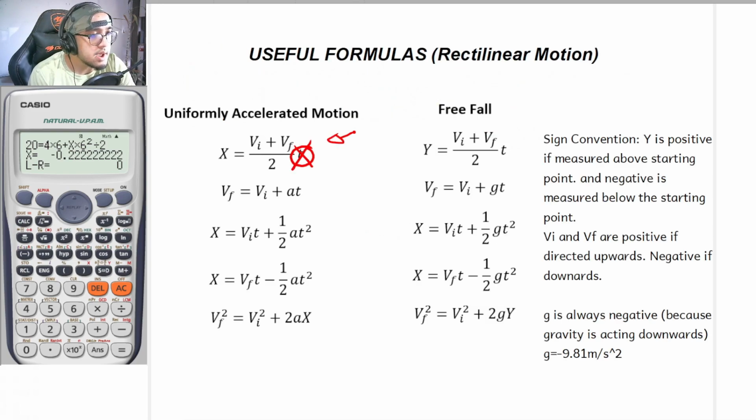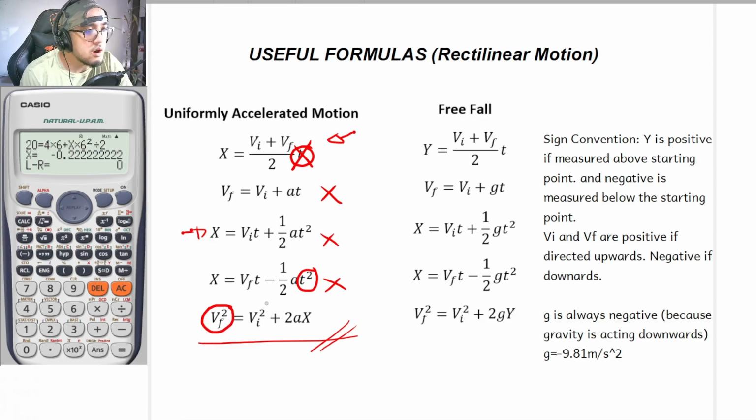Going back here, we also cannot make use of this one, because all of them have their own times, and in this equation, VF is not included. That leaves us with this particular equation. We have VF squared, which we will be solving for. We also have VI, the initial velocity, which is given. Your acceleration, we have already solved for, and as for x, that is already given.